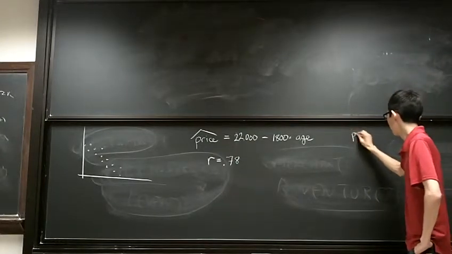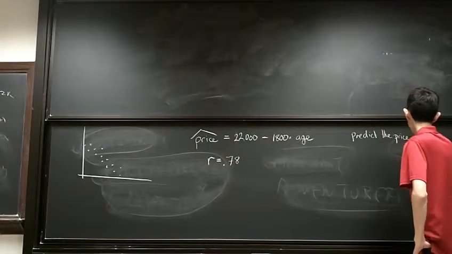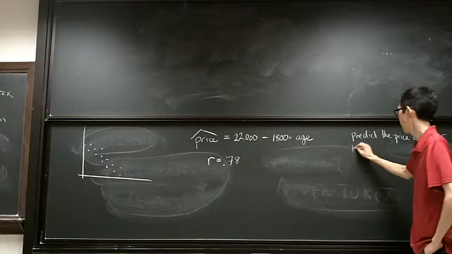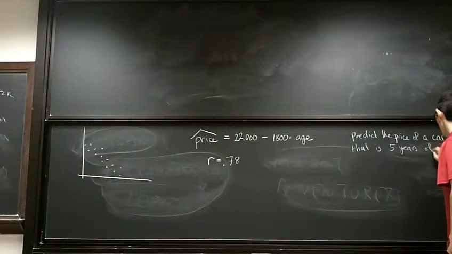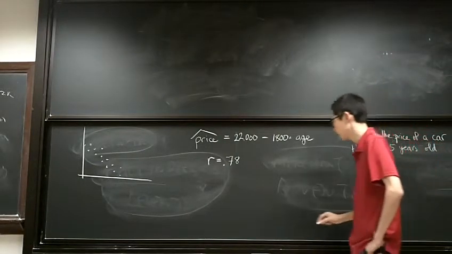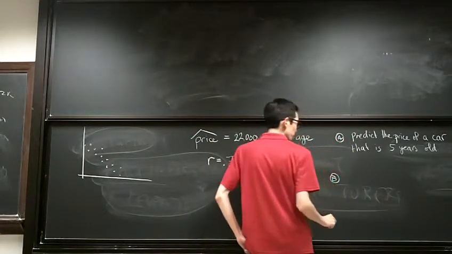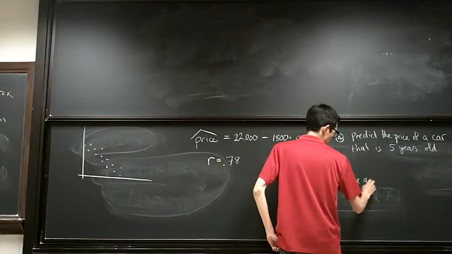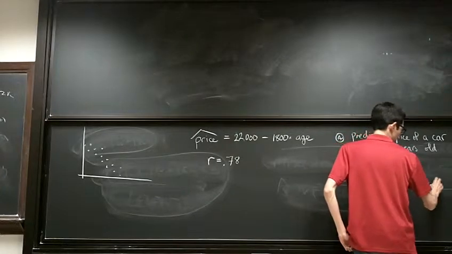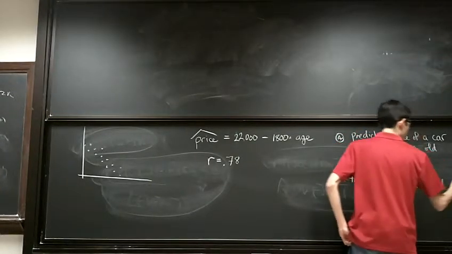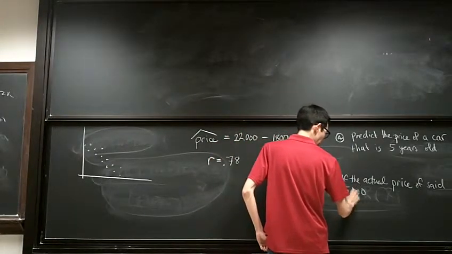Okay, so I'm going to say predict the price of a car that is 5 years old. The coefficient is supposed to be negative, not positive.